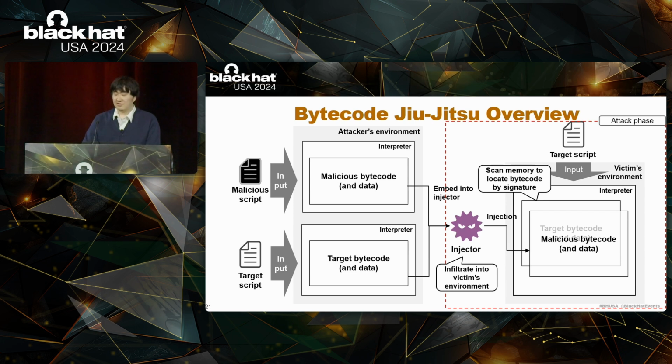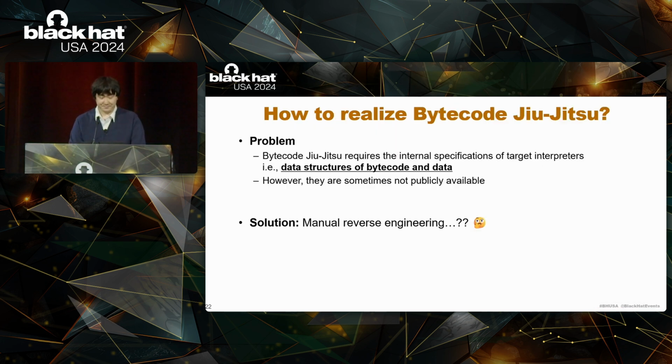So now you know the concept, but you may have a question: is such an attack truly realistic or not? For realizing Bytecode Jiu-Jitsu, the problem is that it requires the internal specification of the target interpreters. In order to extract and replace bytecode, we first need to understand their structures and locations in memory.